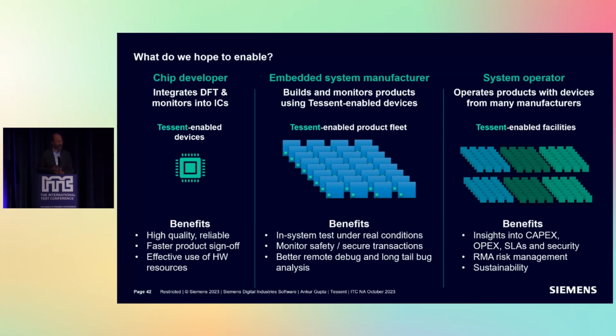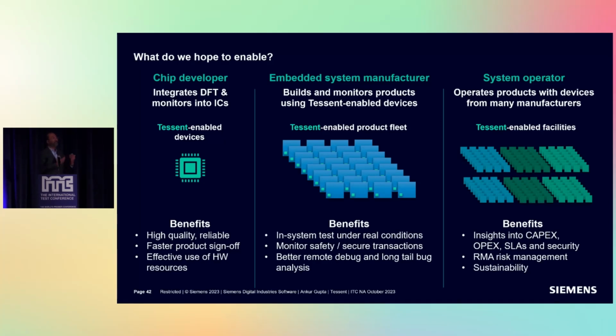And the system operator also benefits tremendously because there is a CapEx, OpEx related to operating these data centers, these autonomous devices, 5G baseband stations, which are working under very harsh conditions. The service level agreements, the SLAs, for these harsh environments are very stringent.